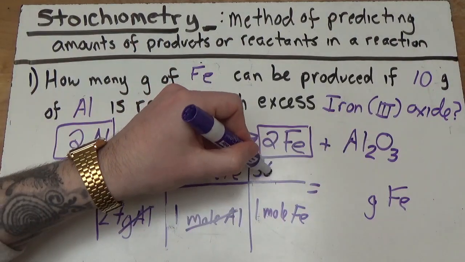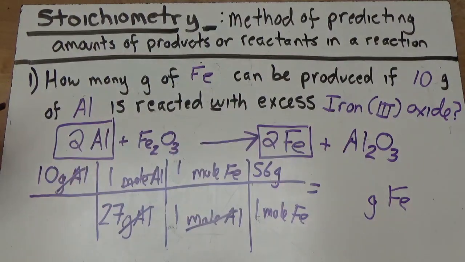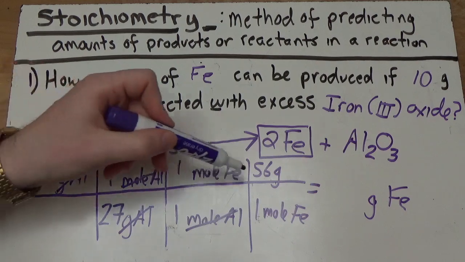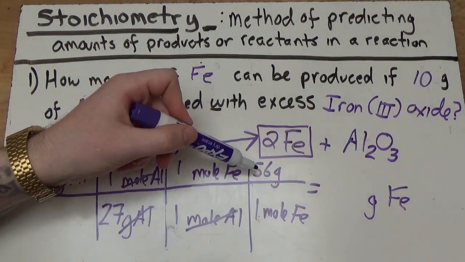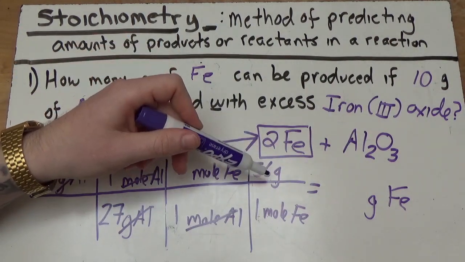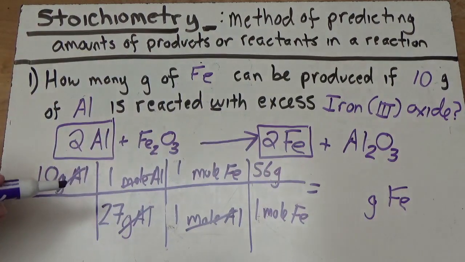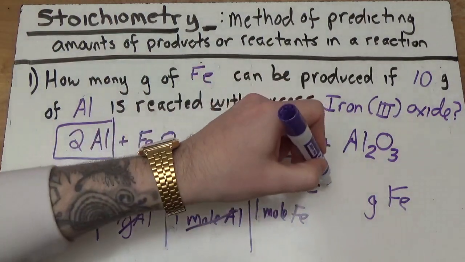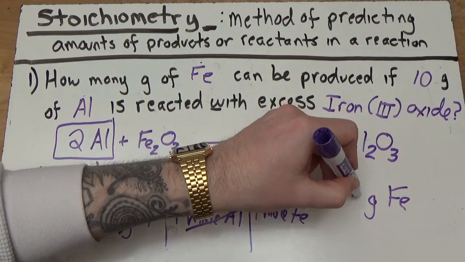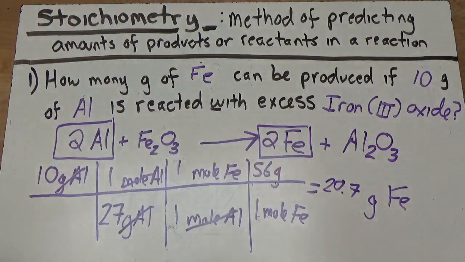It's going to be 56 grams. When you go to your calculator, you do 10 times 56, press enter. That results in 560, divided by 27, and you are going to get 20.7 grams of iron.